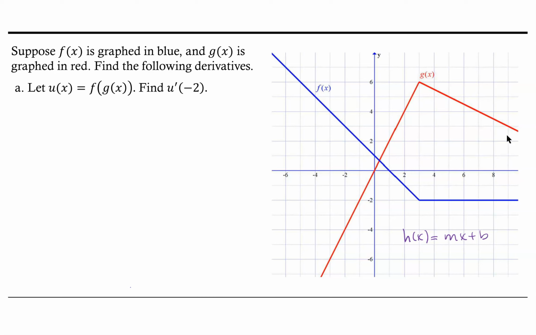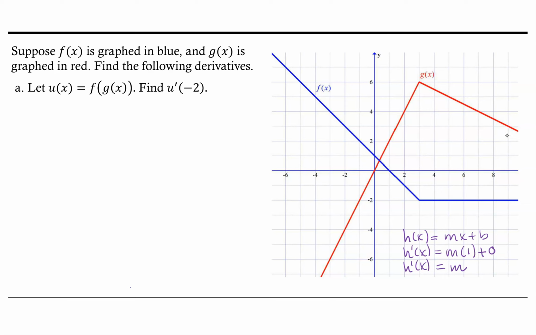So if I wanted to find the derivative here, h prime of x would be, slope is constant, so m times 1 for the derivative of x, and then plus 0 because the derivative of the constant y-intercept would be 0. So h prime of x, the derivative of a linear function, is simply the slope of that line. We're going to use that to help us find the derivative of the functions we're provided here.